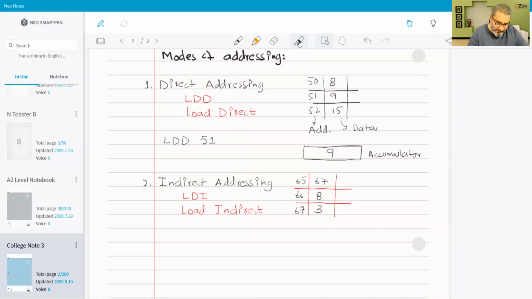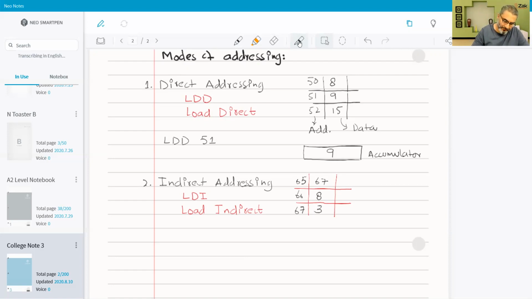Indirect means that the data which is required is not actually at the given address, but the address of the data is placed in the given address.